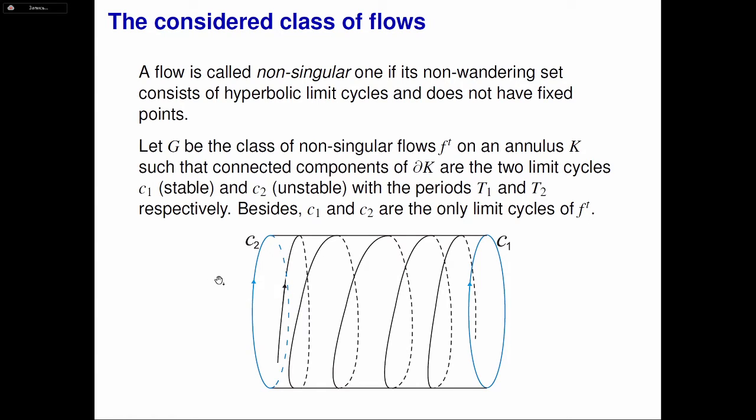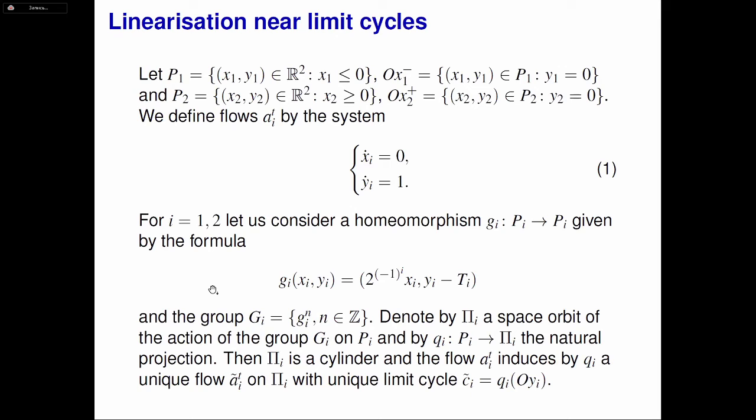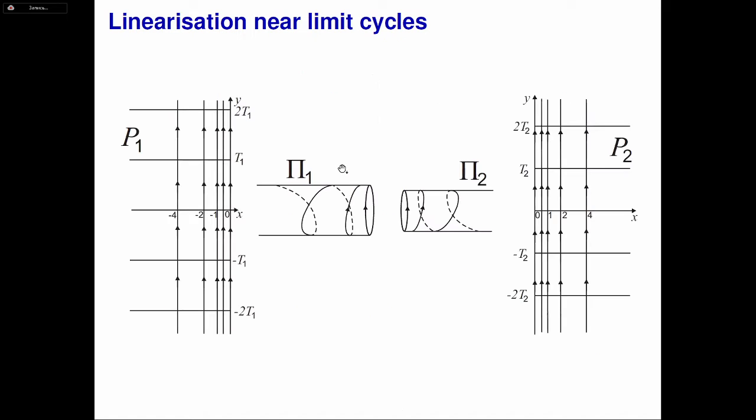To know that, we need to try to construct a topological classification of such a class in the sense of topological conjugacy. The first step is linearization. By system 1, we introduce on the plane the flow with vertical trajectories, as in the pictures on the left and on the right.